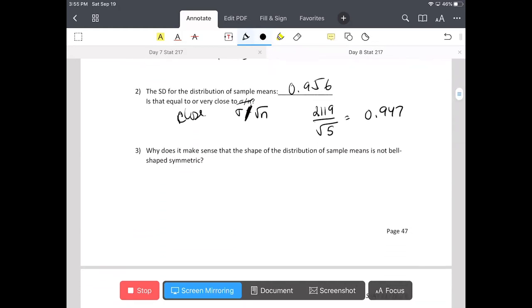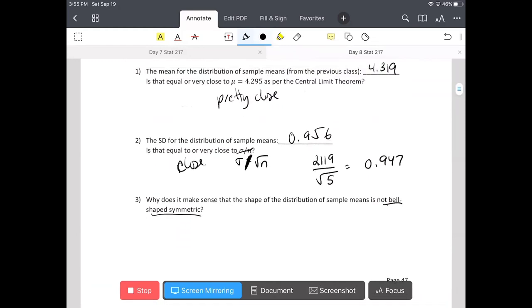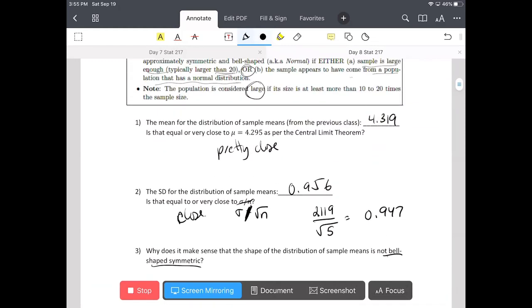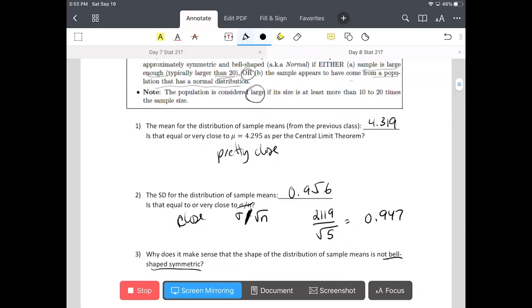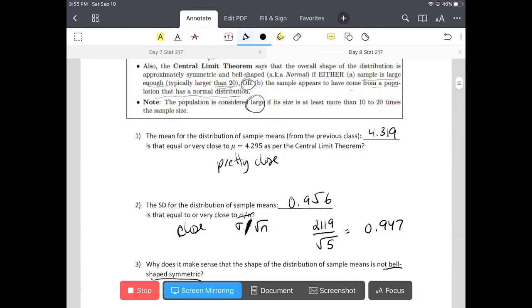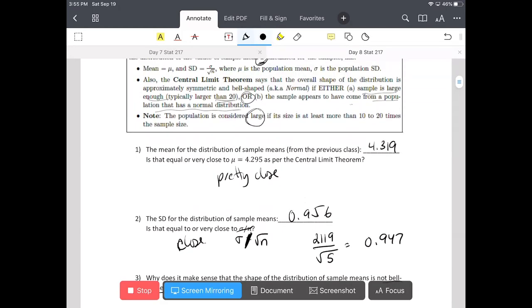Why does it make sense, though, that the shape of the distribution of sample means is not bell-shaped? It seems like, wait a minute, we've done some stuff from the central limit theorem, we did some calculations, and the numbers are pretty close. Here's the thing. The overall shape of the distribution is approximately symmetric if the population comes from a normal distribution, which it absolutely is not, and the sample size is large enough, which is typically 20.